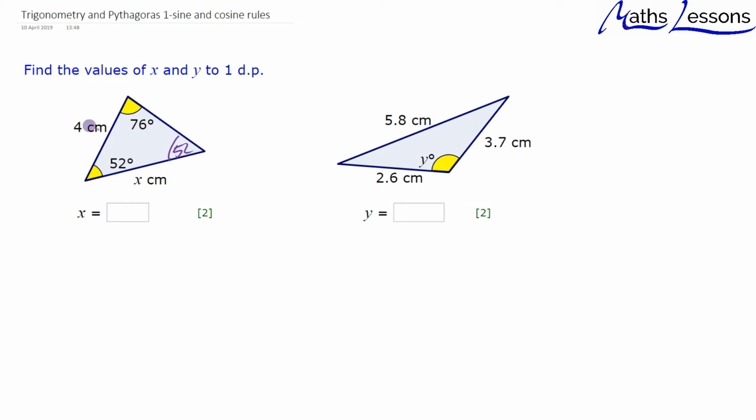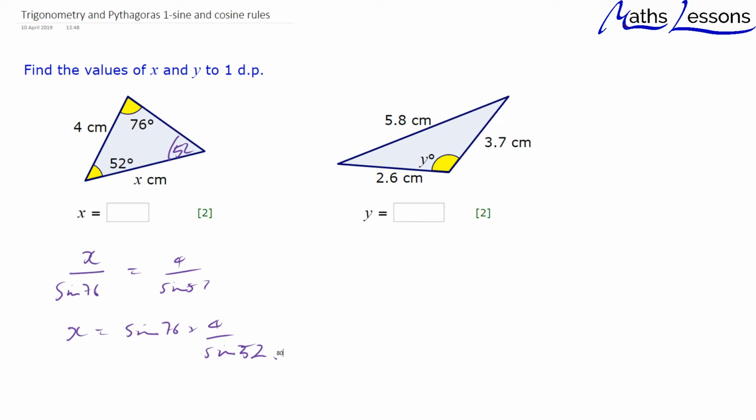So now we've got a side opposite an angle, we can use the sine rule. So x over sine of 76 equals 4 over sine of 52. And we can do x equals sine of 76 times 4 over sine of 52.